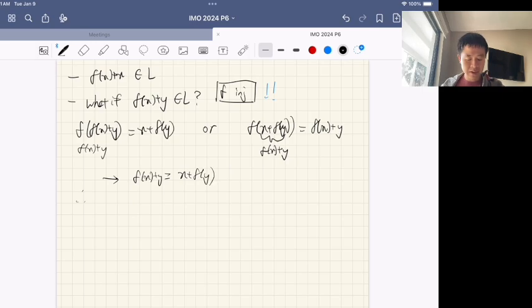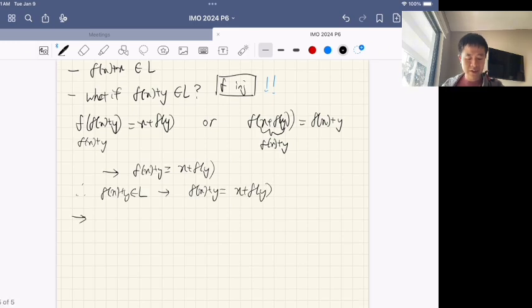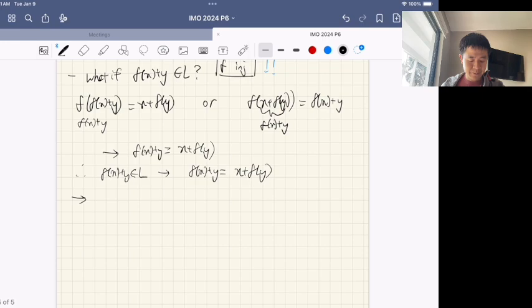So f(x) plus y in L means that f(x plus y) equals x plus f(y). And also, since f(x) plus x is in L, as we have shown, this thing holds when x minus y is in L.